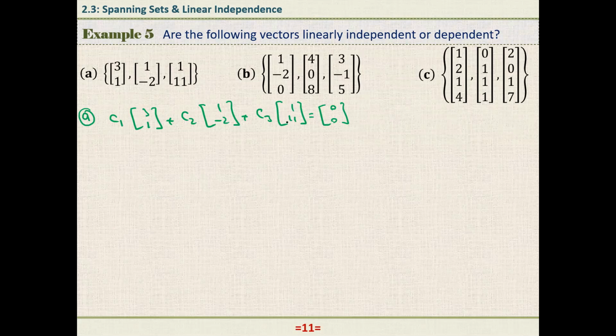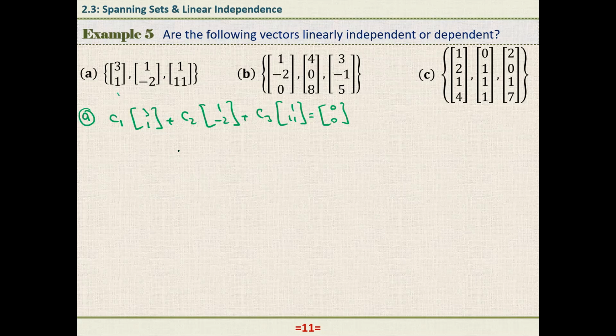Can we find such numbers c1, c2, c3, at least one of them not equal to 0, so that the linear combination is equal to the 0 vector? If so, these vectors are linearly dependent. Otherwise, if the only solution of this system is the 0 vector, meaning c1, c2, c3 are all 0, then these vectors are linearly independent.